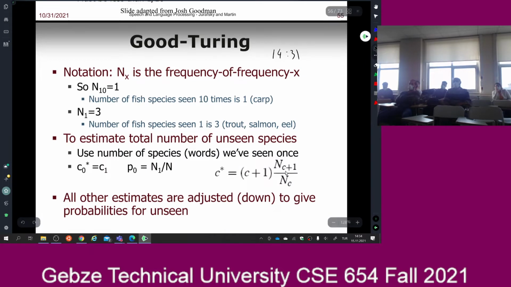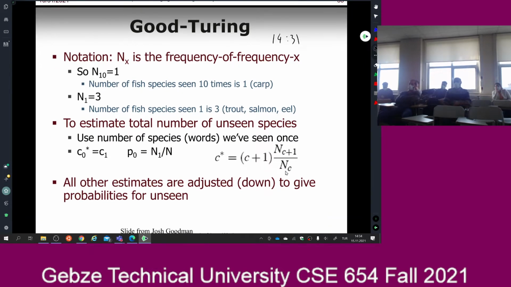So to estimate the total number of unseen species, we do this, okay? We use c star, which means the reconstructed or recounted numbers. c star 0 is c1. Okay, so I am going to accept that.